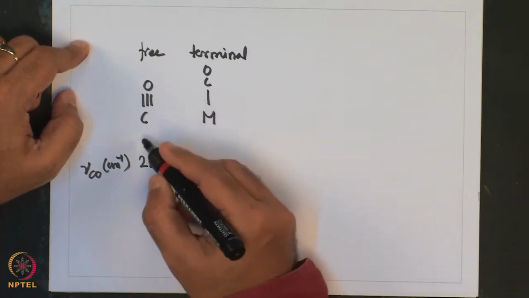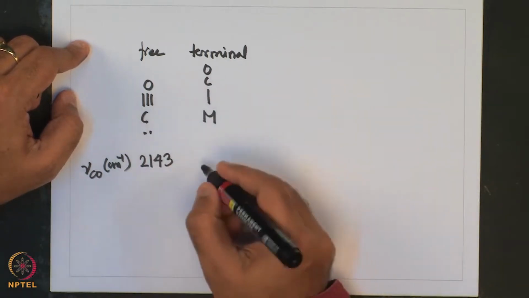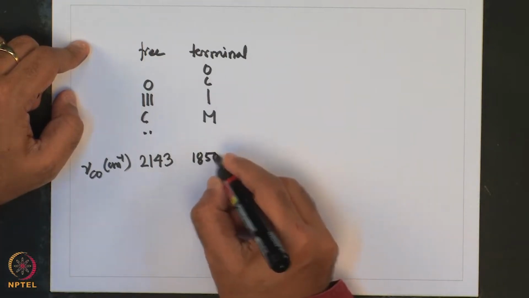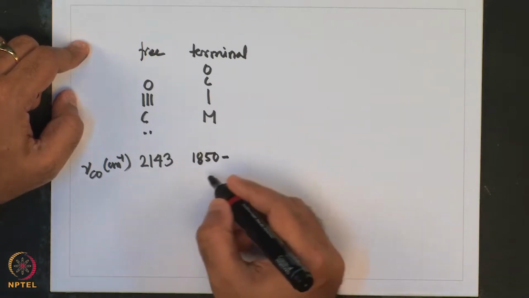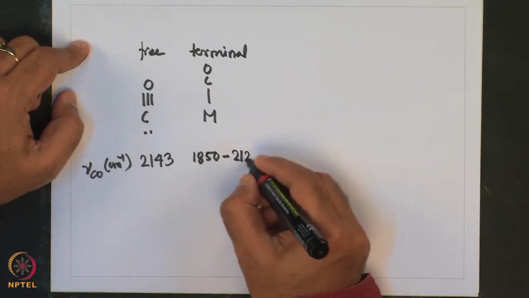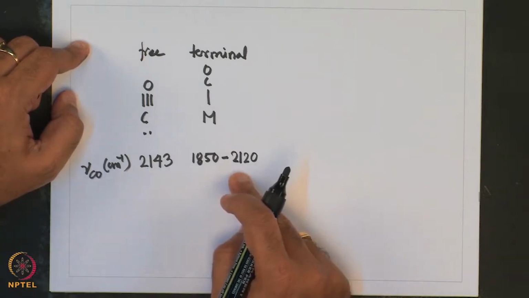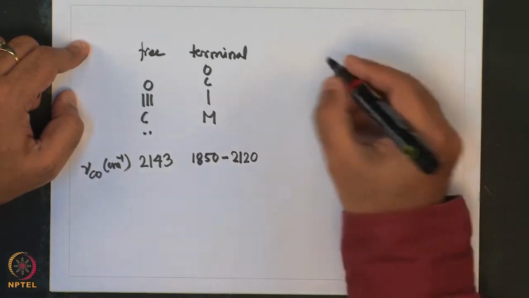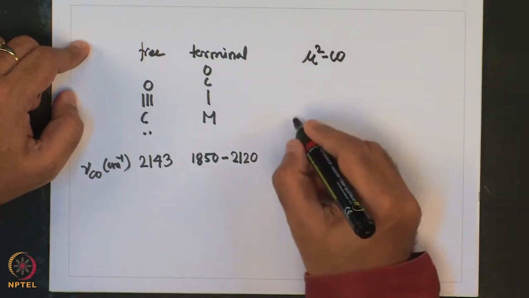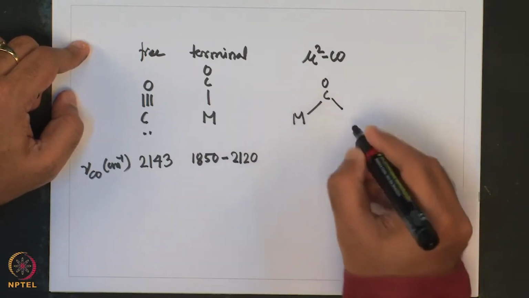Now, as opposed to free CO, the metal can undergo pi back donation to the extent of its electron richness, and one can observe a range where it has gone down to 1850, where a significant amount of back donation has happened, to 2120, which is very high, and close to 2143, where a minimal amount of back donation has happened. Then to mu 2 CO, where CO can bridge between two metals.